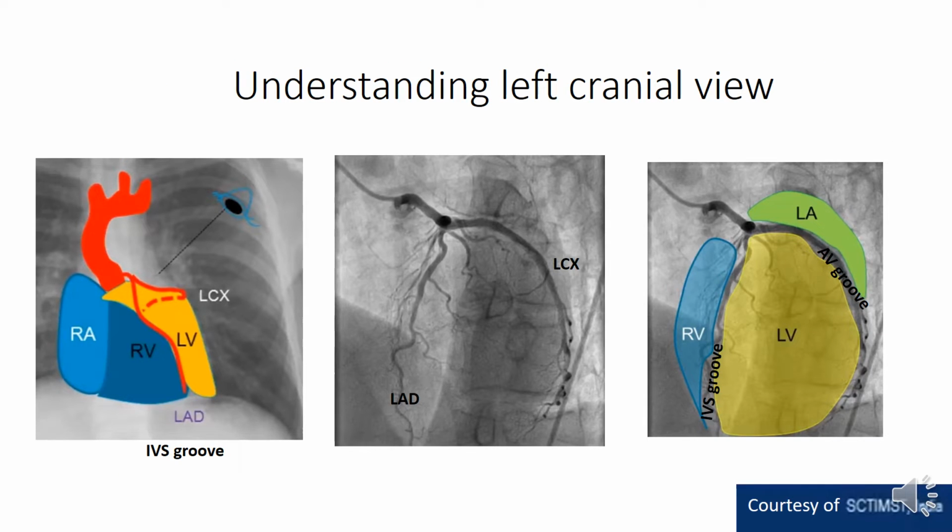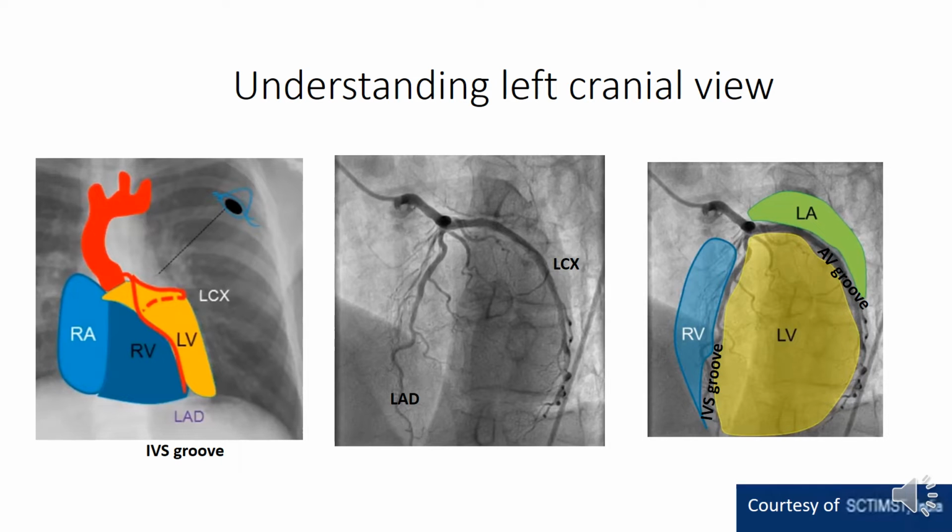The third orientation is the left cranial view. We are looking also from cranial orientation, so the vessel that runs along the interventricular septum is the LAD, and the other one running on the lateral surface of the heart is the circumflex.